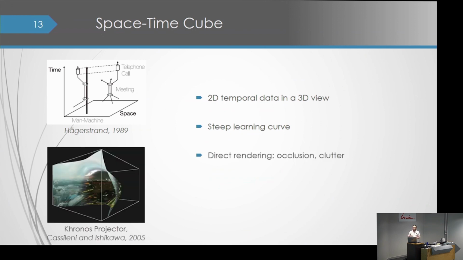The other main issue is that with direct rendering of this kind of volume, there are often problems of occlusion and clutter. For example, here the Chronos projector tries to map a video into a volume. This is a video of a city going from day to night. So yeah, quite a few problems of occlusion here.